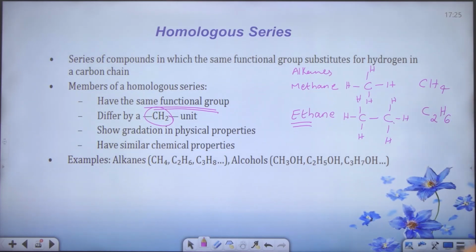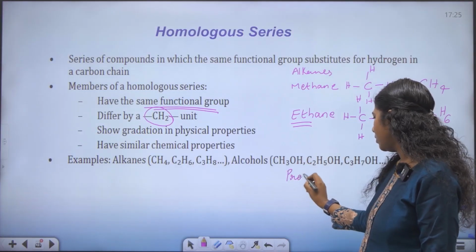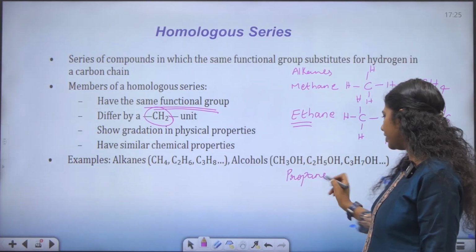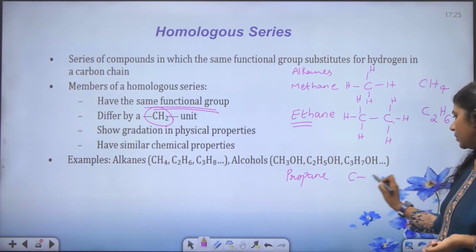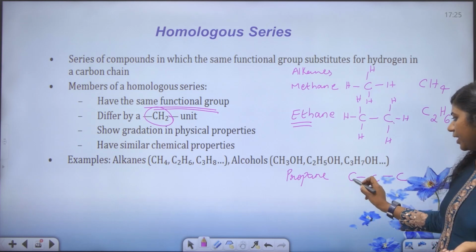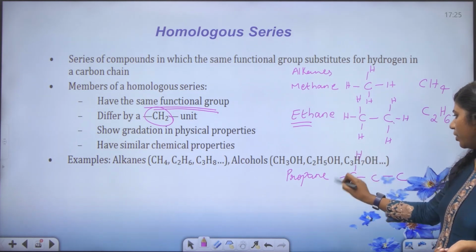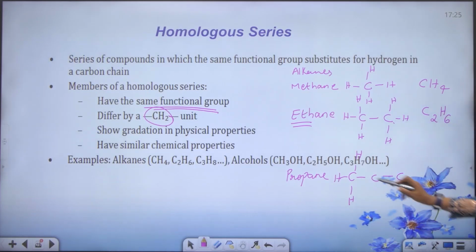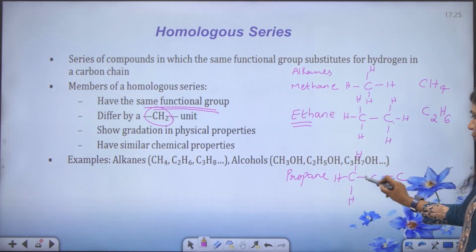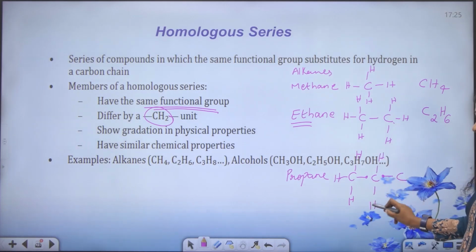C2H6. And the next member is propane. We know that propane contains 3 carbon atoms. Here the first carbon atom satisfies only one valency, so the remaining 3 valencies are satisfied by 3 hydrogen atoms. The second carbon atom satisfies 2 valencies and the remaining 2 valencies are satisfied by hydrogen atoms.